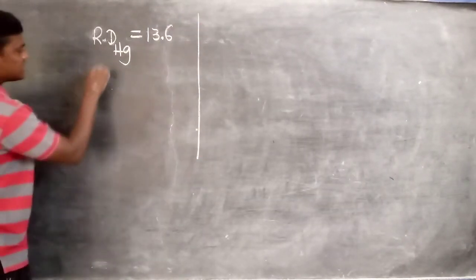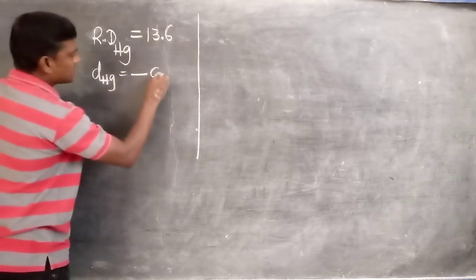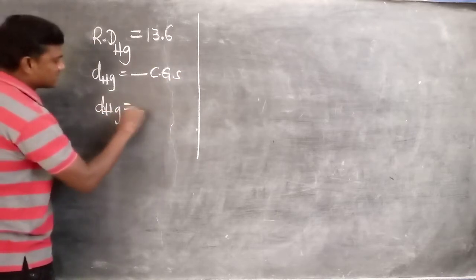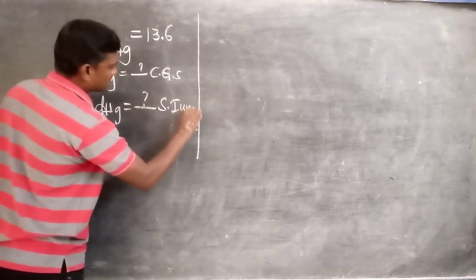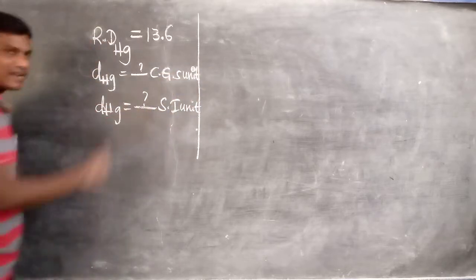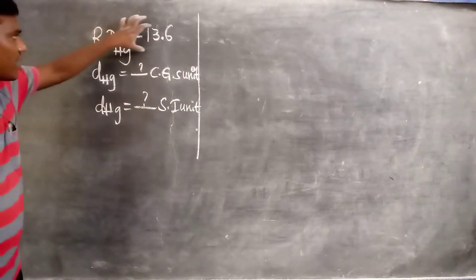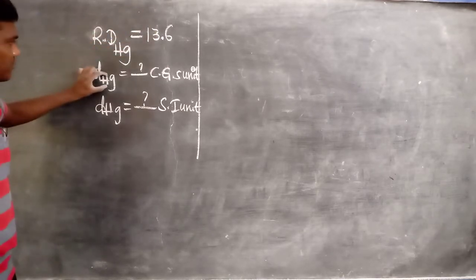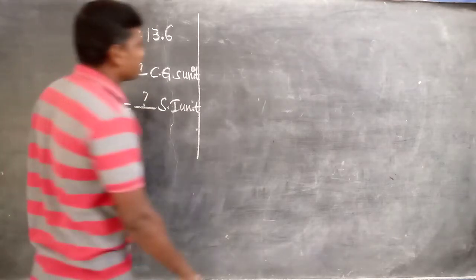For your understanding I will write: the relative density of mercury is given as 13.6. You find the density of mercury in CGS units and the density of mercury in SI units.